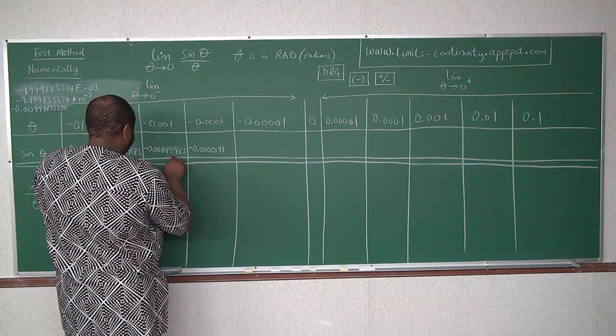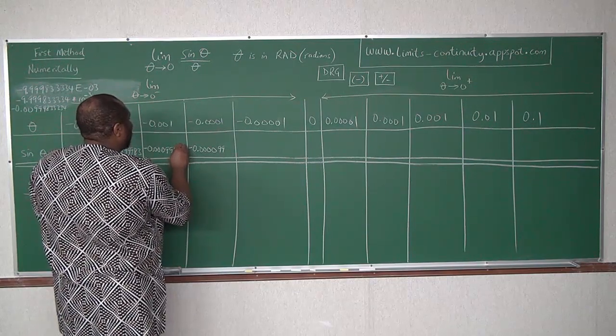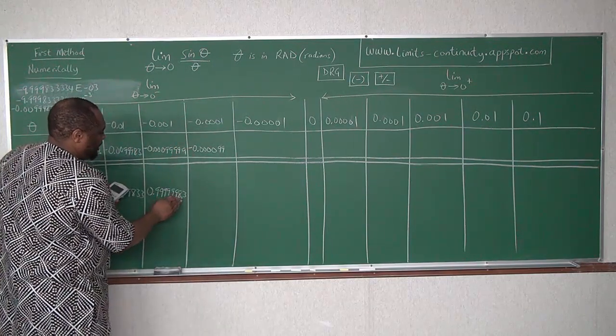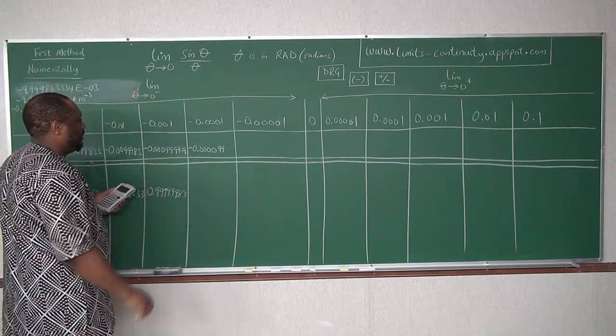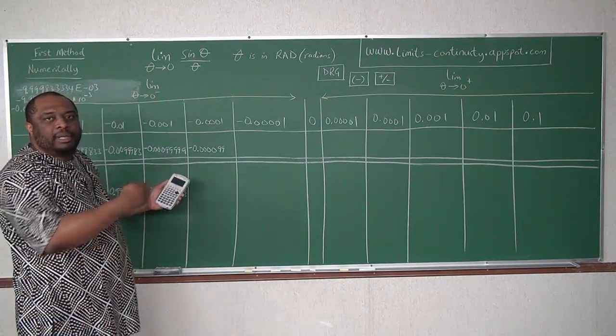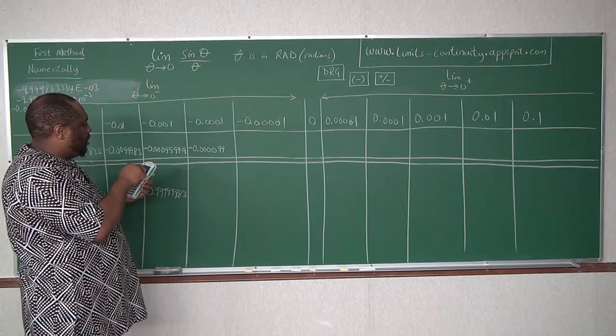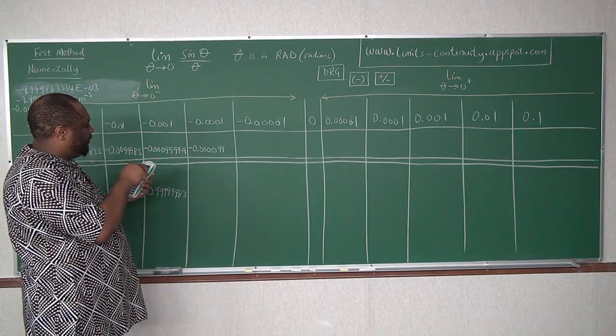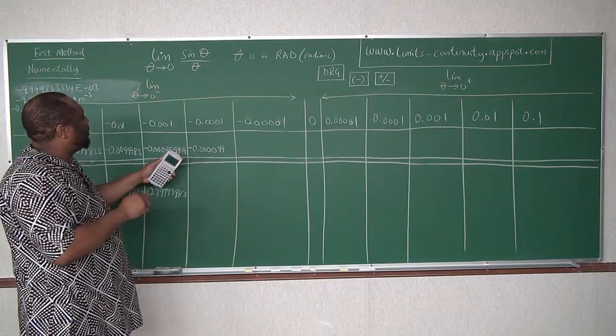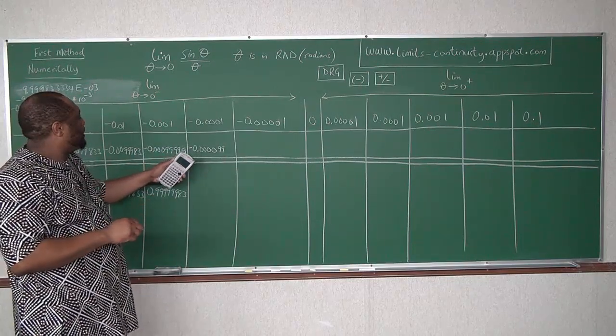Actually, this one is 999. Actually, it's 1, 2, 3, 4, 5, 6. Yeah, 6 nines actually. Okay, this one I corrected.